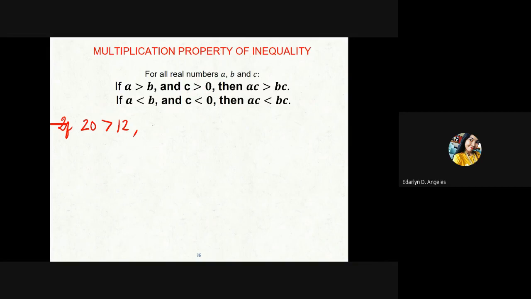So when we multiply 2 to our A, which is 20, and 2 to our B, which is 12, it should still be greater than, no? So 2 times 20 is 40, 2 times 12 is 24. Therefore, 40 is still greater than 24. Okay, so this is the example for this one.